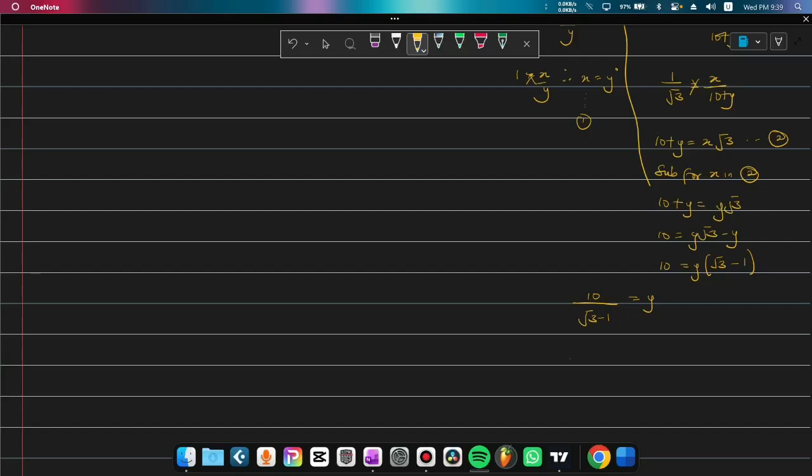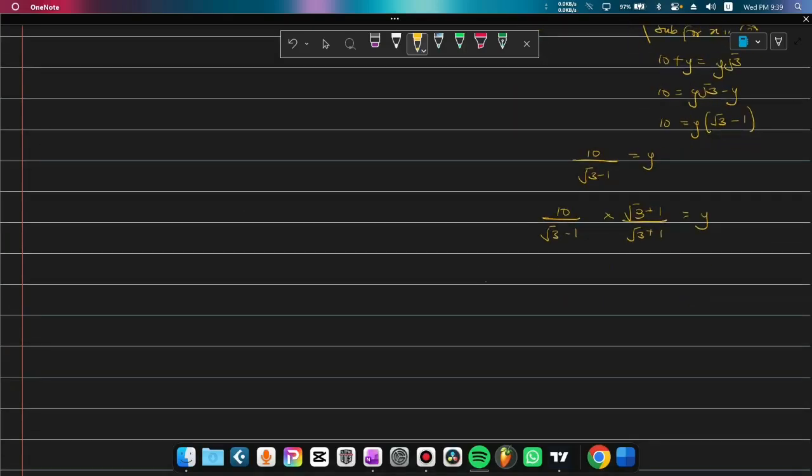So I'm going to be having 10 over root 3 minus 1 times root 3 plus 1 over root 3 plus 1, which is going to be equal to y. 10 times root 3 gives us 10 root 3. 10 times plus 1 gives us plus 10. Add it together. And if I go to the denominator, I'm going to be having root 3 times root 3 gives us 3.